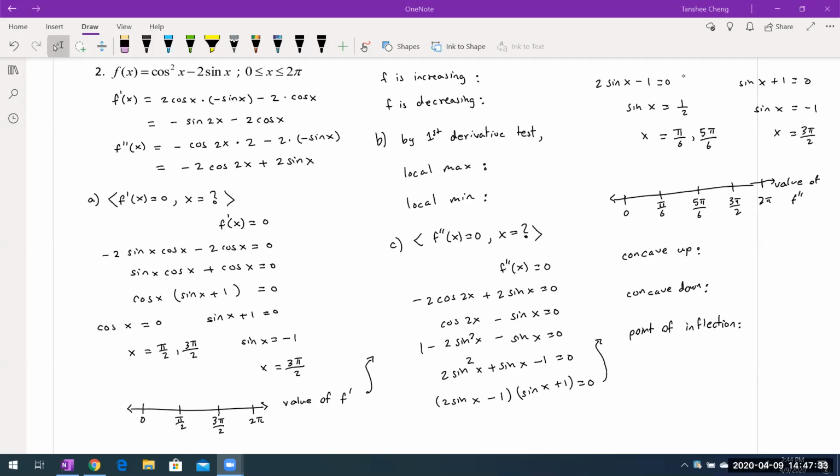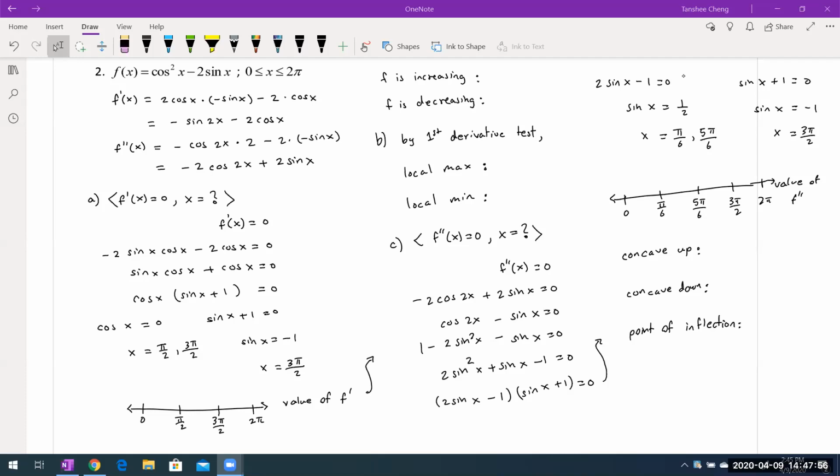So when you're taking this first derivative of cosine square x, use the chain rule, right? Taking the derivative of the power, it'll be 2 cosine x, and the derivative of the inside, which is the derivative of cosine, is negative sine x. Minus, when you take the derivative of the second term, the derivative of sine x gives you cosine x.